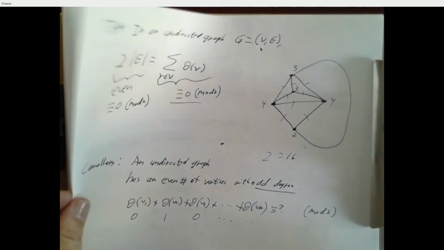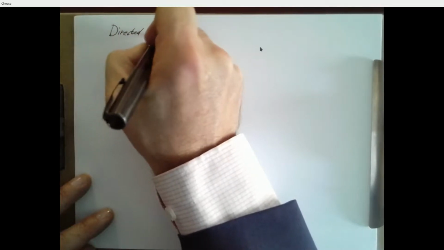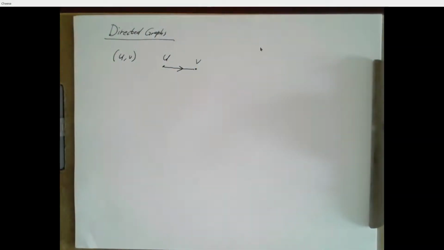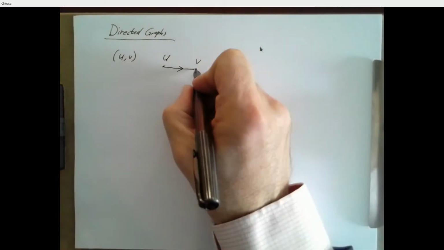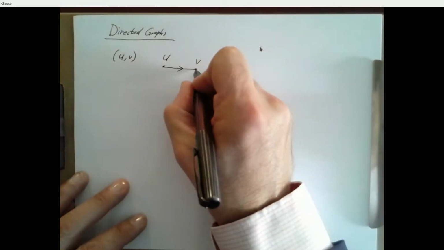All right, so what changes when we have a directed graph? So our edges have a sense of direction. So here's an edge going from U to V. And so I'm writing it as an ordered pair, U comma V. And so here's some of the equivalent things we can say.